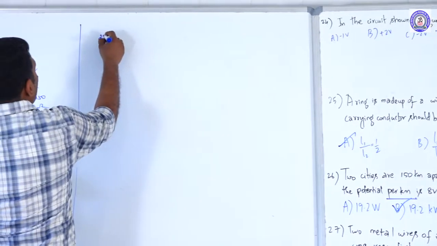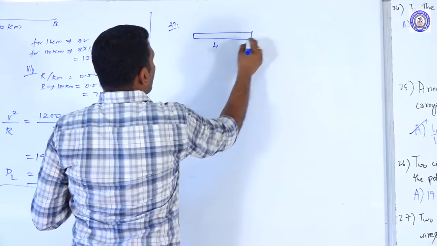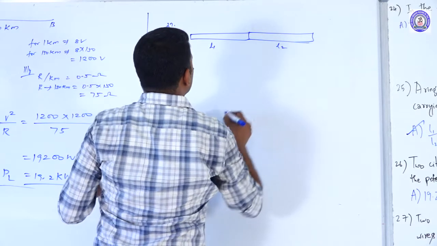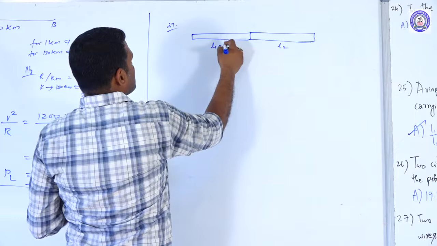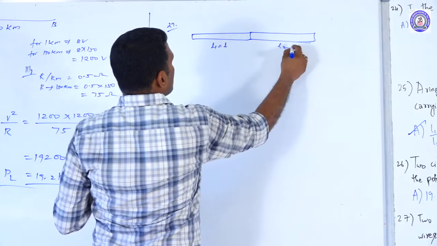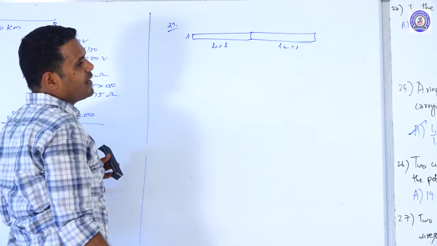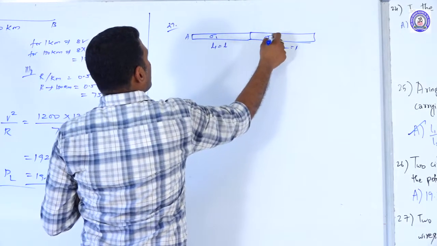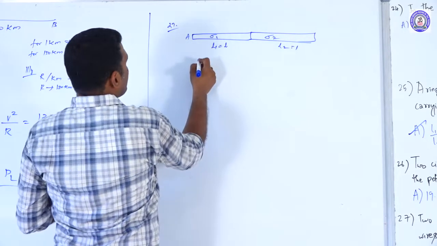So I can consider L1 be the length of one wire and L2 be the length of another wire. Since they are mentioned as same dimensions, L1 equals L2 equals L, area of cross section for the entire wire is same, and they are speaking about conductivity sigma 1 and sigma 2. They are asking you to calculate the effective conductivity.